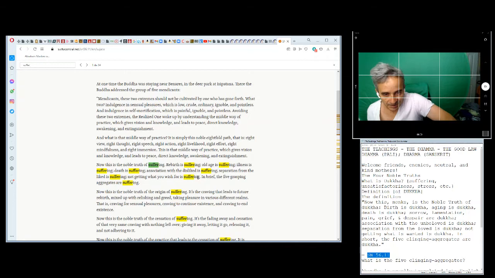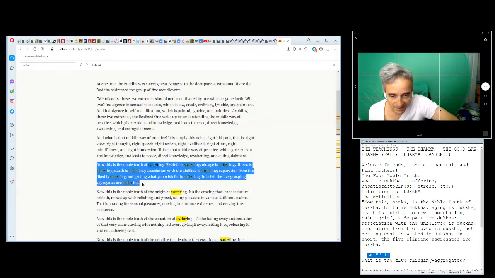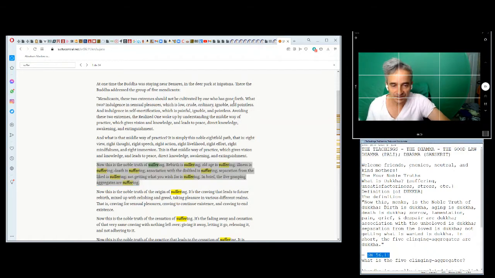So I'm suspecting that this translation is translated by, how do you spell his name? Is it like this? Bhikkhu Bodhi? No, Bodhi. Perhaps. I'm not sure yet. I'm assuming because his name shows up very often, like in the study guide.